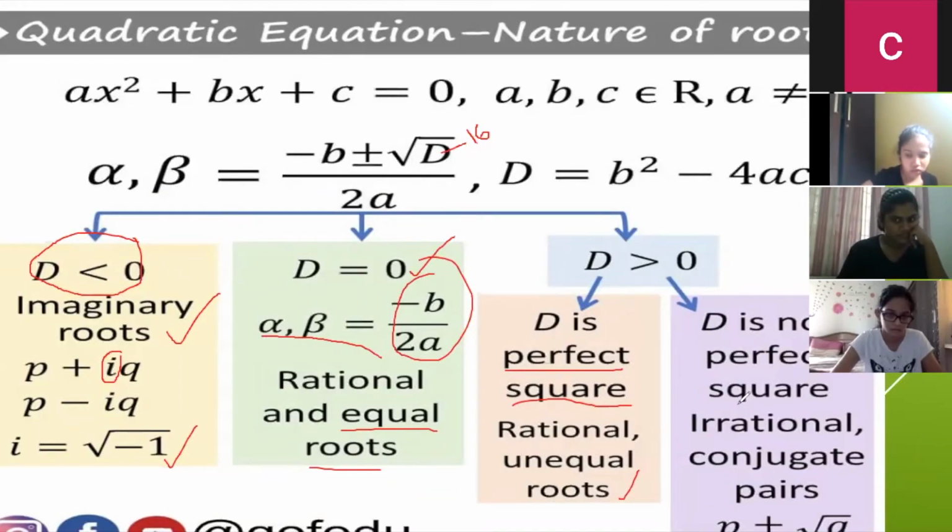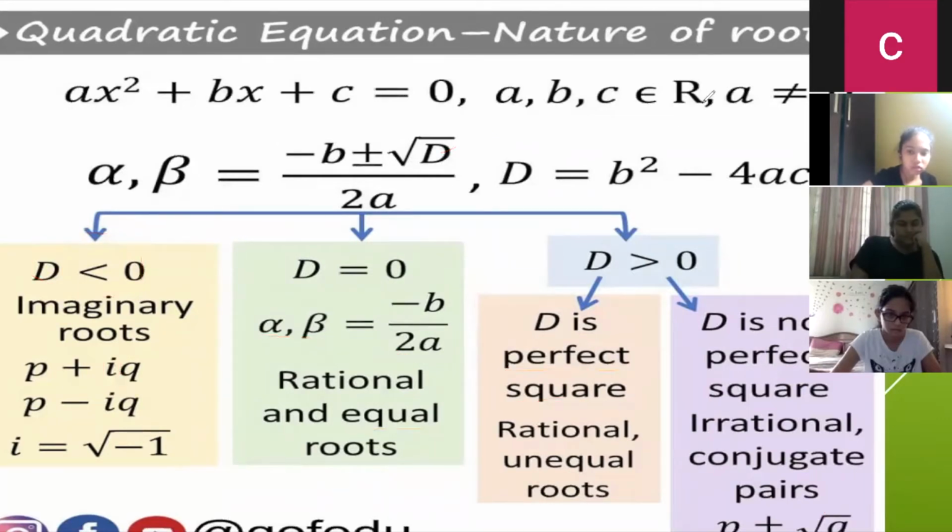But if D is not a perfect square, you will leave it like that, as root only. We did this in the last exercise. I remember we got root 33 and we left it like that, in the starting sum.